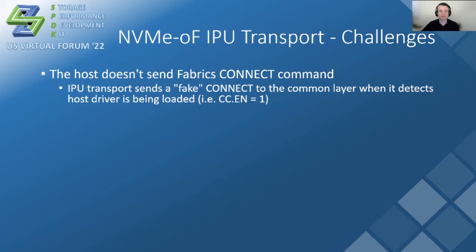So whenever an IPU transport sees that a host wants to connect, for example by seeing that the host driver sets the enable bit in the controller configuration register, it can simply send a fake connect command to the common layer to make sure it proceeds with all of those necessary NVMe device initialization.